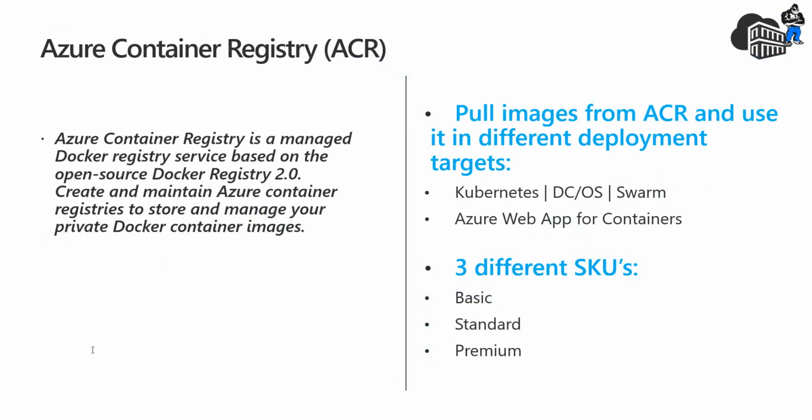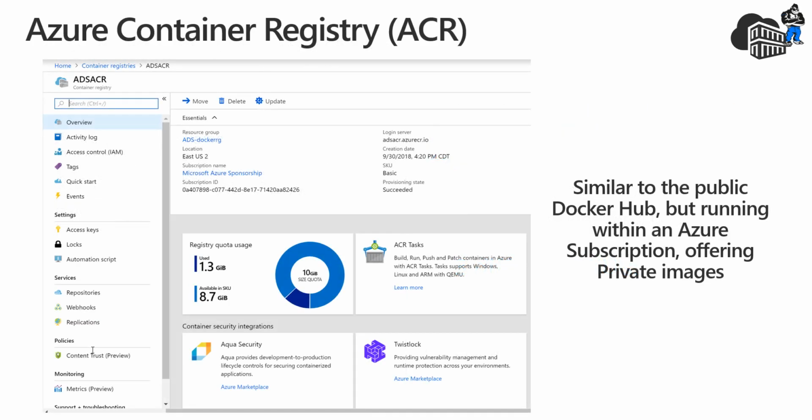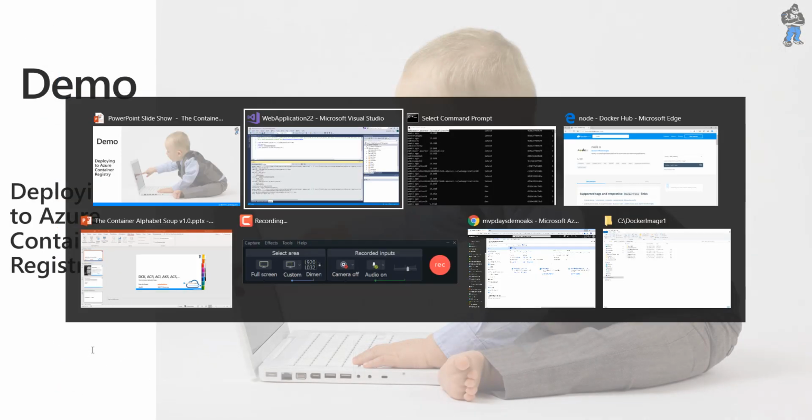So ACR, the container registry, is your landing page for storing your containers. These are cross-platform, so once you have your registry available, it's going to be used by any of the other container services I already talked about. Deploying a new one is pretty straightforward.